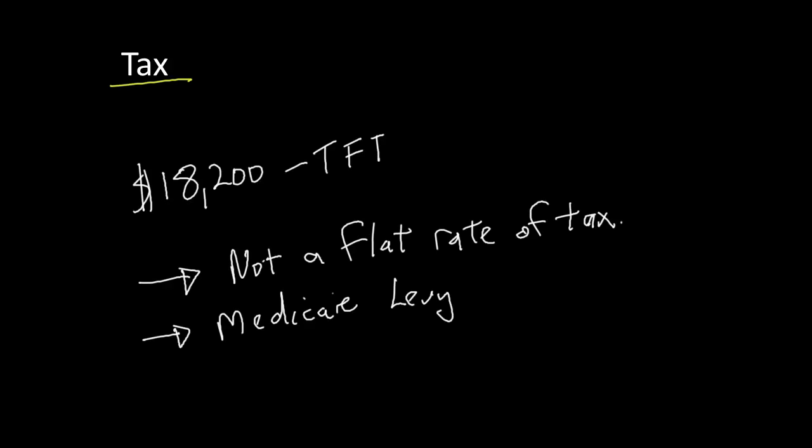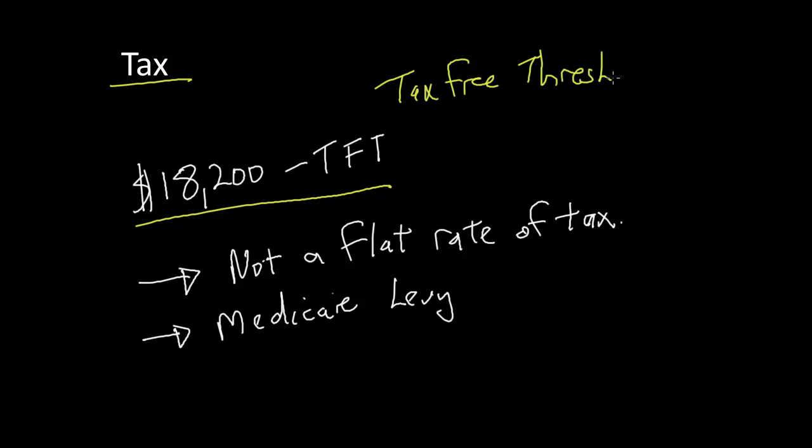Now, how does tax work with that? Well, when we do tax, if you're an individual, you get the first $18,200 tax free. This is your tax free threshold, which means that you can earn $18,200 before you get taxed on it.